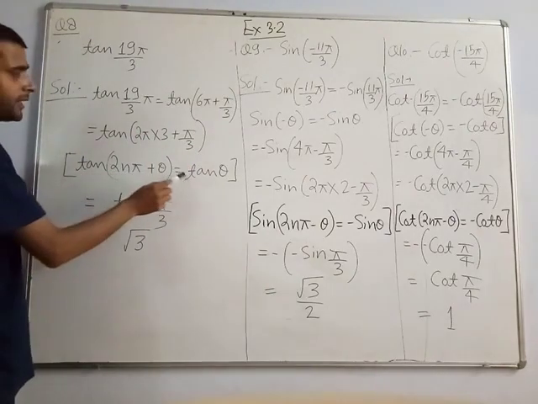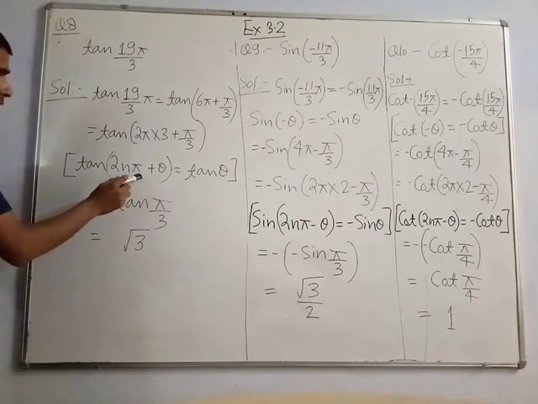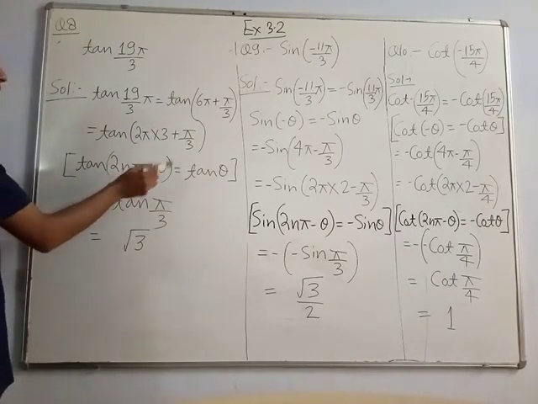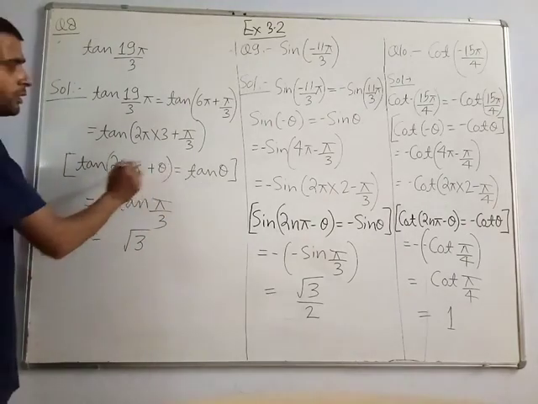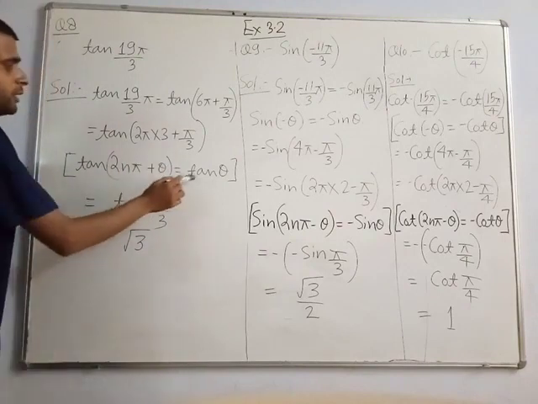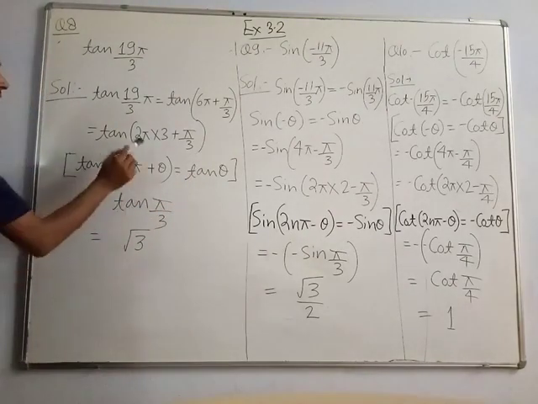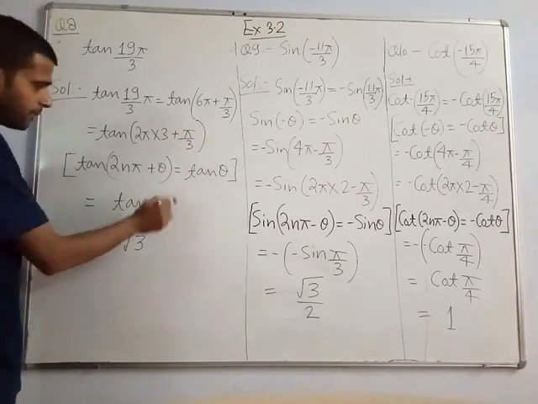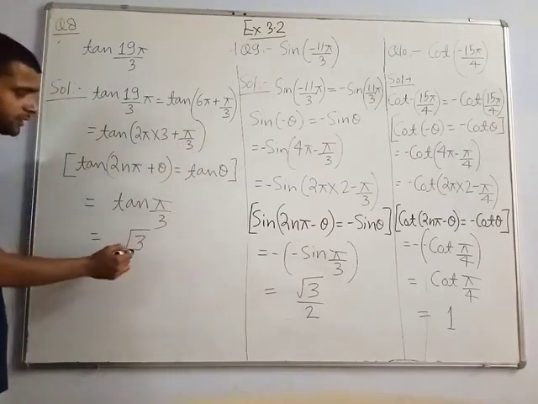Tan of 2n pi plus theta equals tan theta, because the angle comes in the first quadrant, and in the first quadrant all are positive. So tan theta means tan pi upon 3, and the value of tan pi upon 3 is root 3.